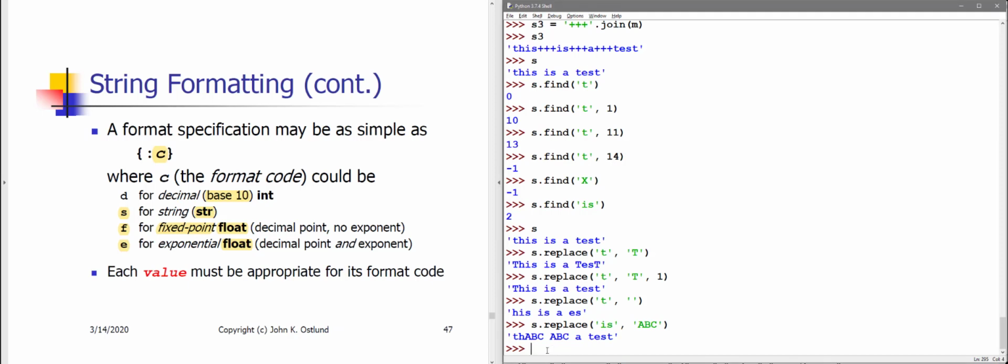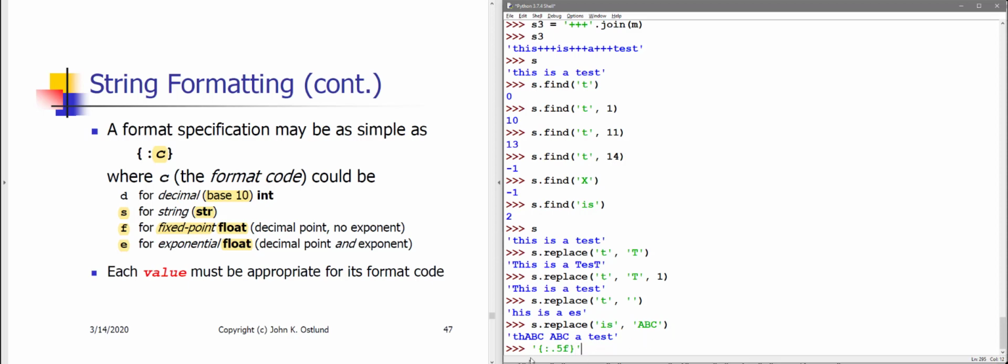If I say, here's my format string, curly brace colon F, and let me specify that I want to have 5 characters after the decimal point. So I'm not going to specify a field width.